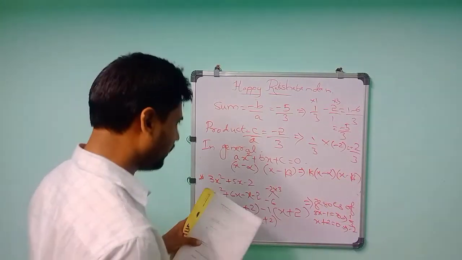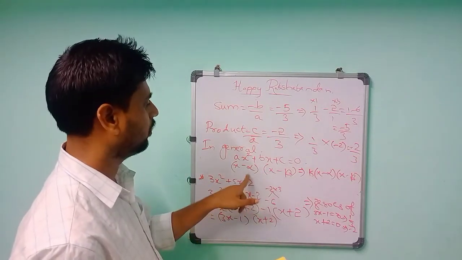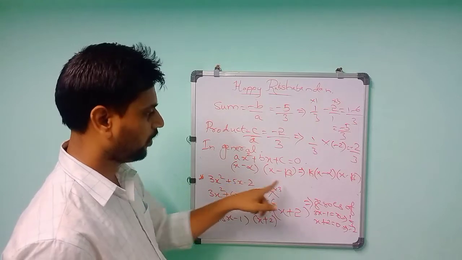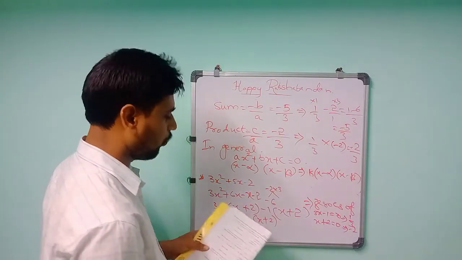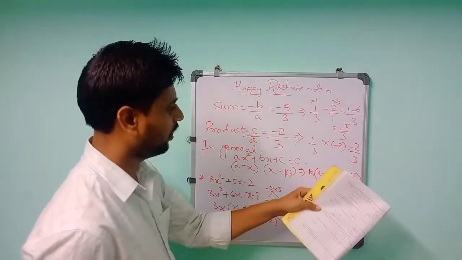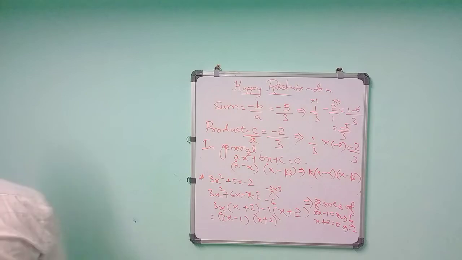So the general formula is ax square plus bx plus c. Then you put the values of alpha and beta as the zeros of the polynomial, so x minus alpha into x minus beta. If you take this as p of x, then you take the constant k times x minus alpha and x minus beta. So you solve this.